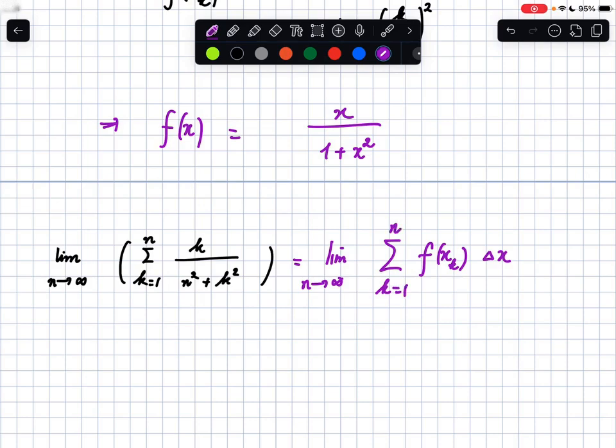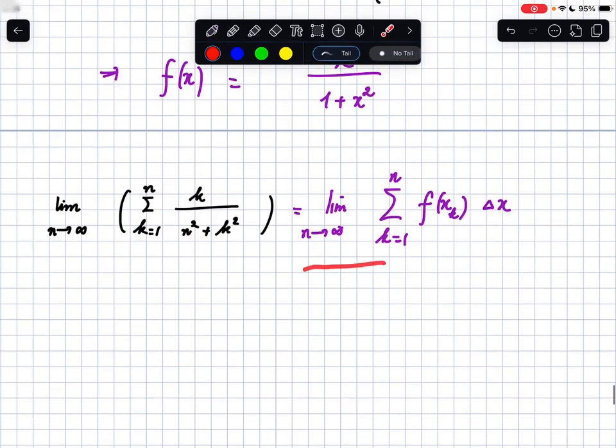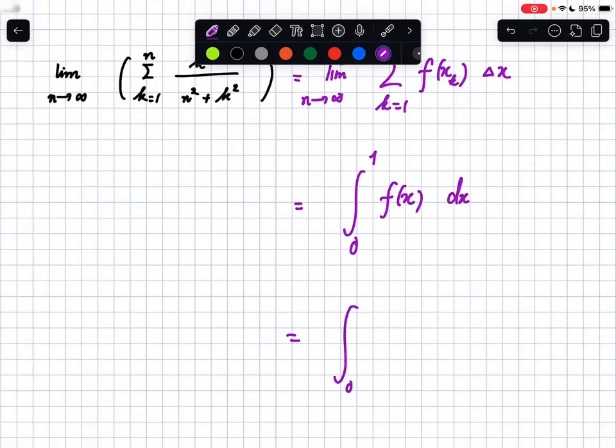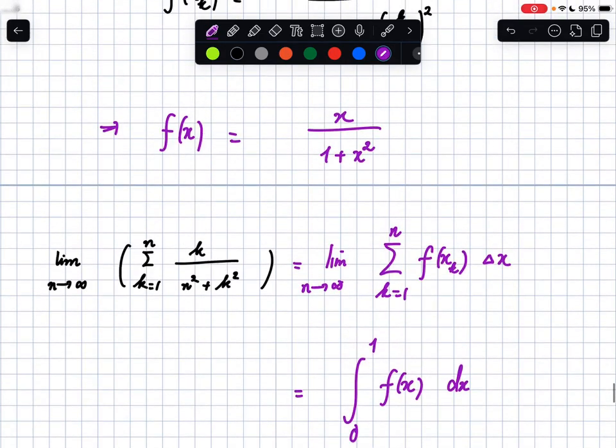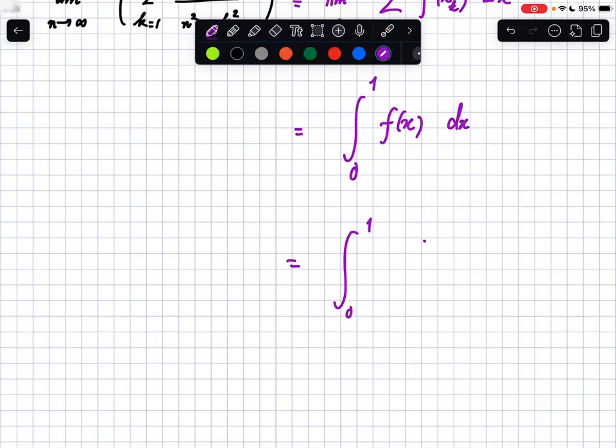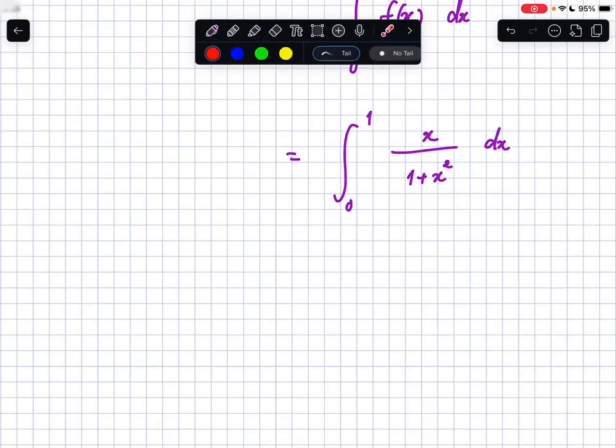This is an integral from a to b, which is 0 to 1, of f of x dx, and f of x is x over 1 plus x squared. So it is the integral of x over 1 plus x squared dx. And now you compute this integral.